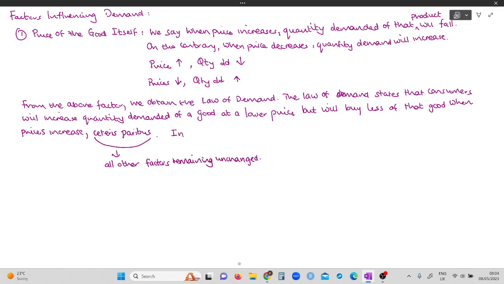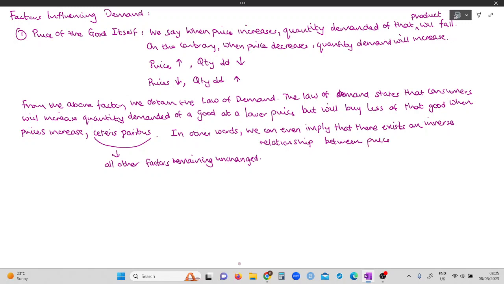In other words, we can even imply that there exists an inverse relationship between price and quantity demanded. This is how we get the downward sloping demand curve between price and quantity demanded.